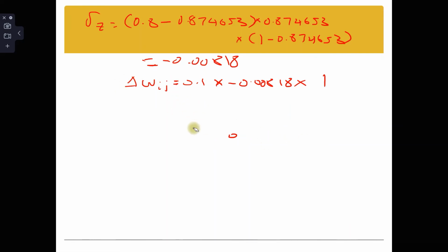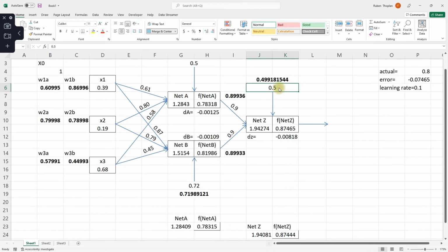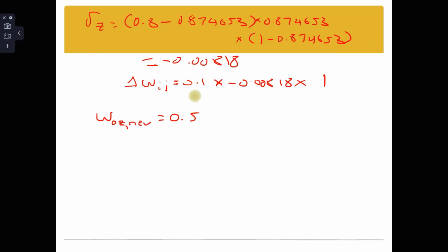Now, when you have the change in the weight, the new weight, a new W node Z, let's call it new, would be equal to the current W node Z, which is 0.5 that we've got here, plus that change, which is in fact a negative value. So 0.1 times negative 0.00818 multiplied by 1.